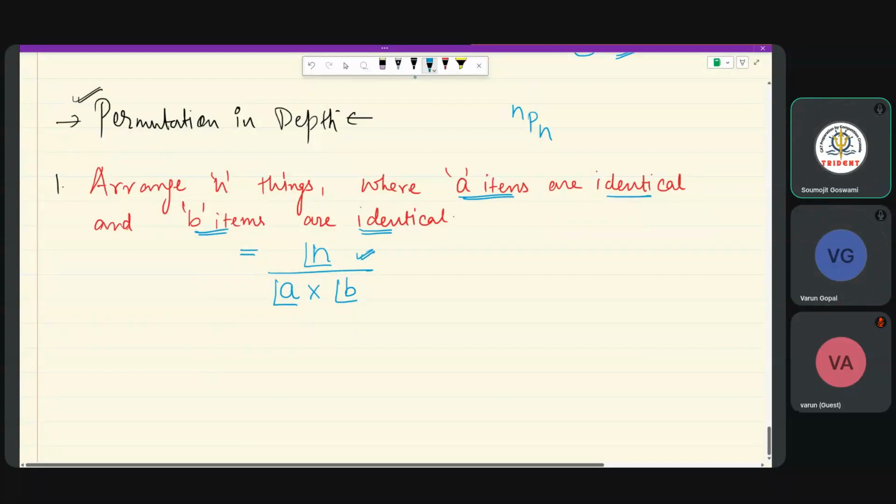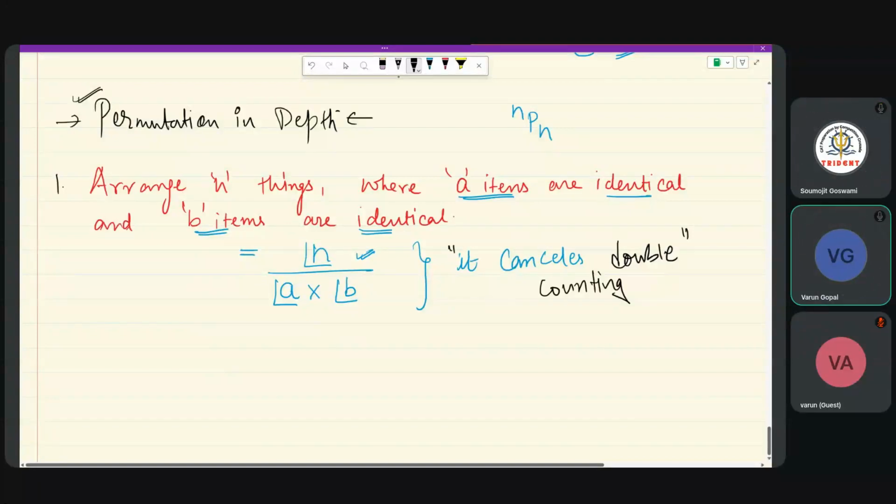So by dividing by factorial a and factorial b, what it does is that it cancels double counting. Okay, that is the reason why we divided by factorial a and factorial b.